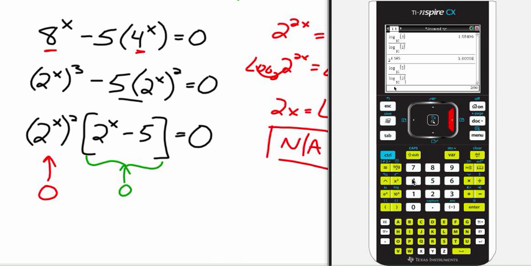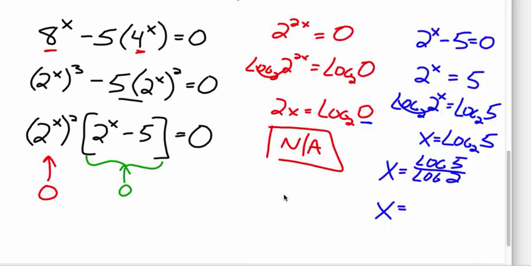And when I calculate this whole thing, I get 2.32193. So we'll just say 2.32.